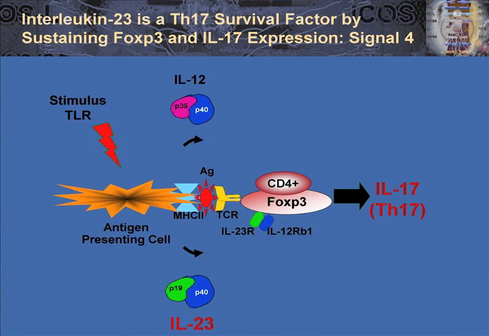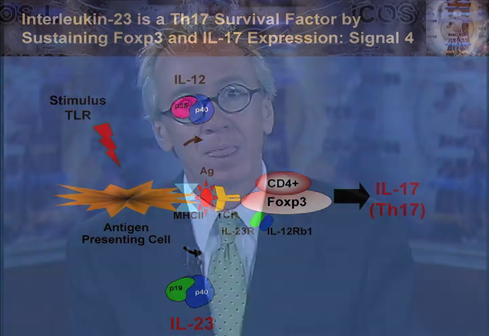What IL-23 will do is sustain the production and expression of the transcription factor FOXP3 in Th17 cells, leading to a sustained production of the signature Th17 cytokine, which I'll talk more about, interleukin-17. So again, this is downstream of differentiation, but an important sustenance factor, hence signal 4 for Th17 development.